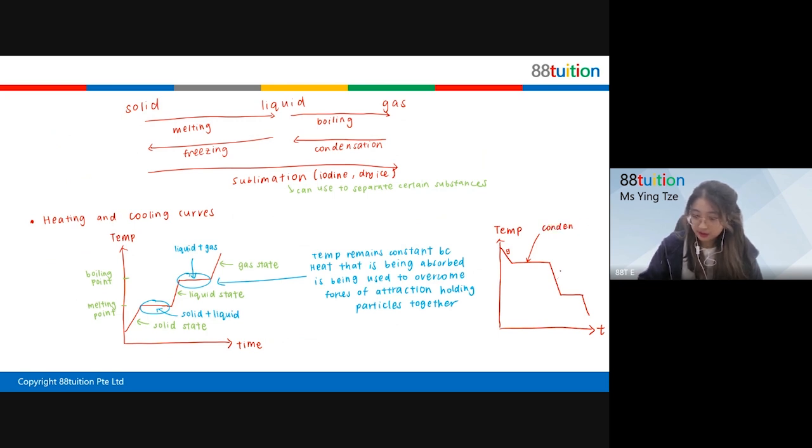So now we have liquid here, and then over here is undergoing freezing. And then over here, we have solid.